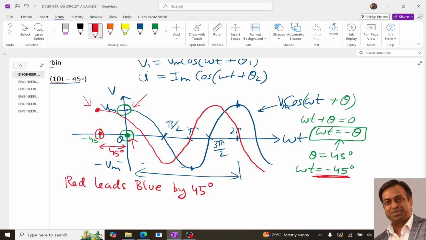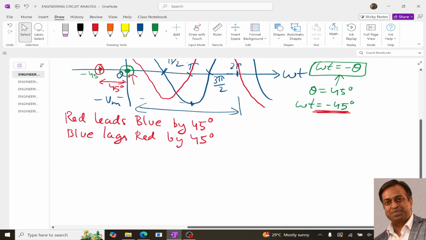So red is leading, or we can also say that blue lags red by 45 degrees.